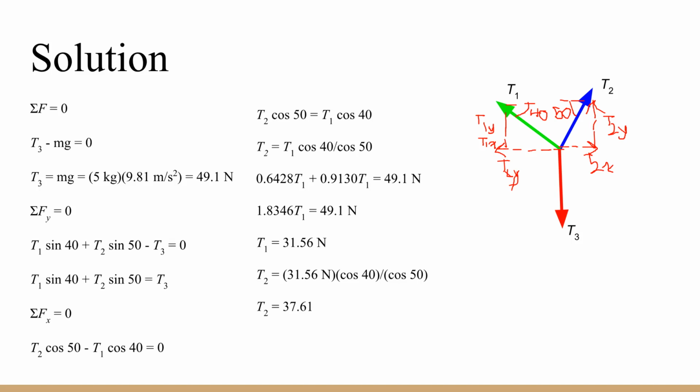Now these horizontals, they're parallel. That means this is 40. This is also 40. This is 50. By the alternate interior angles theorem, this is 40, this is 40, this is 50, this is 50.